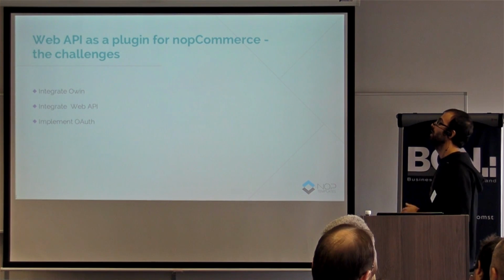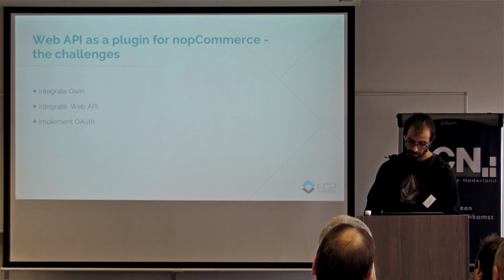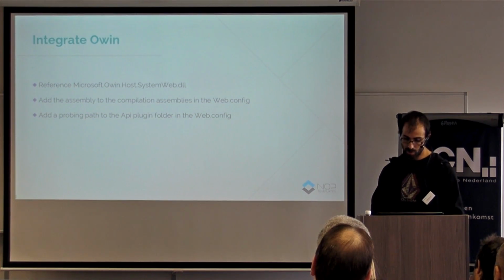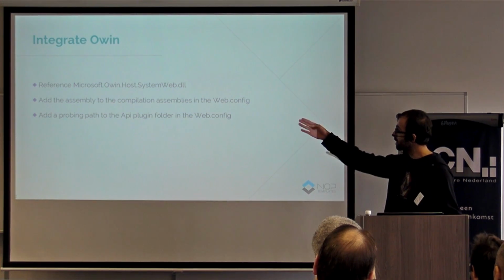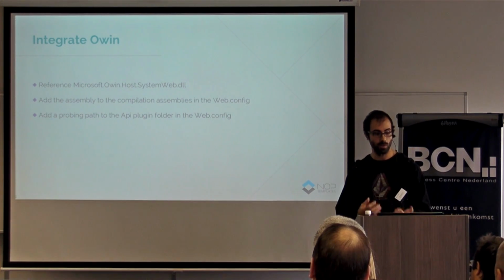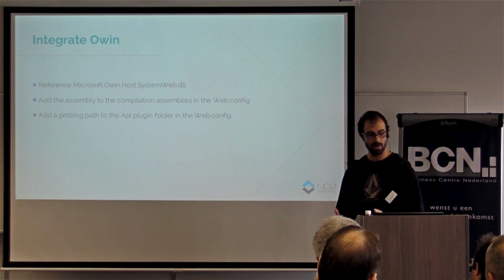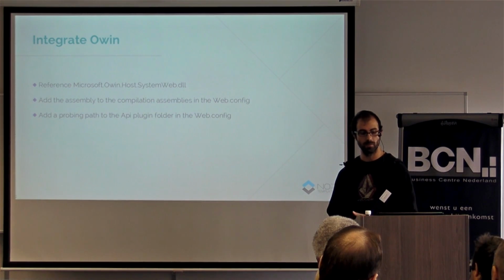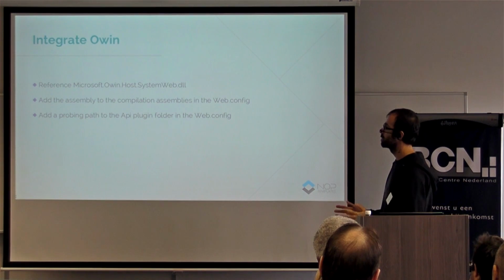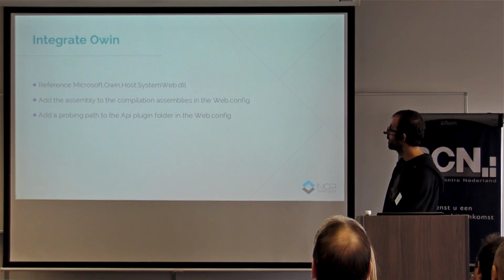First of all, we had to integrate OAuth with nopCommerce. And to integrate OAuth with nopCommerce, we had to have the Microsoft OAuth host system WebAssembly in the bin folder of nopCommerce, which was not possible because this assembly is in our plugin folder. And we don't want to touch the code of nopCommerce, as you saw from the previous lecture.